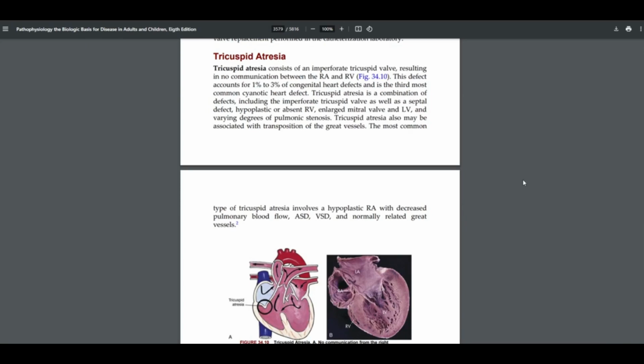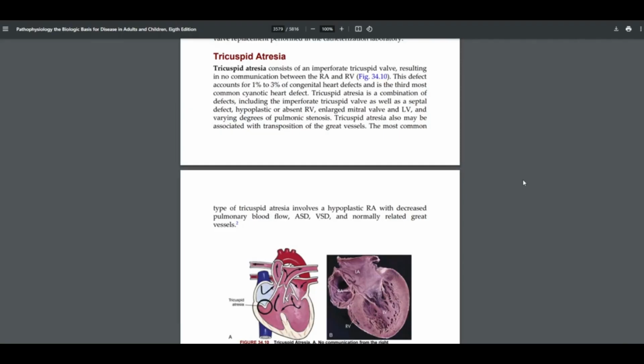Tricuspid atresia is a combination of defects, including the imperforate tricuspid valve, as well as a septal defect, hypoplastic or absent right ventricle, enlarged mitral valve and left ventricle, and varying degrees of pulmonic stenosis.